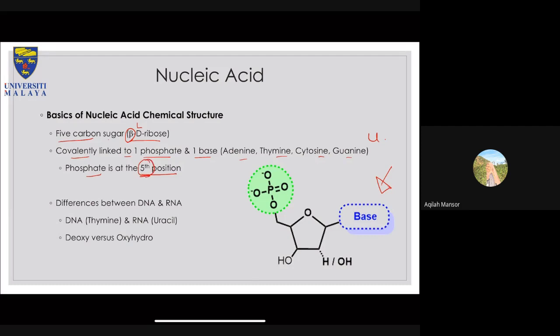Okay, and at the same time, you need to understand why the phosphate becomes 5th. Okay, so in chemistry you have the first carbon. Well, I'm not sure whether you guys learned about this in the sugar section, but I'm just going to repeat it if you did learn about it.